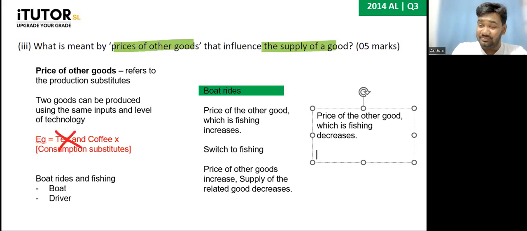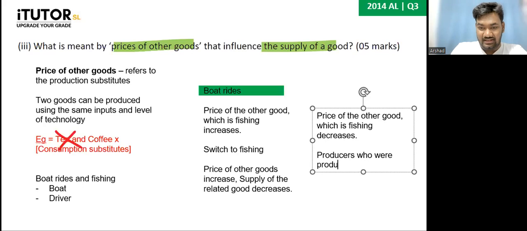All of them will switch to your product, right? They will now stop fishing because fishing is not giving a proper price. What are they going to do? They are going to switch to boat rides, right? So producers who were fishing will now switch to boat rides. So what happens, guys?